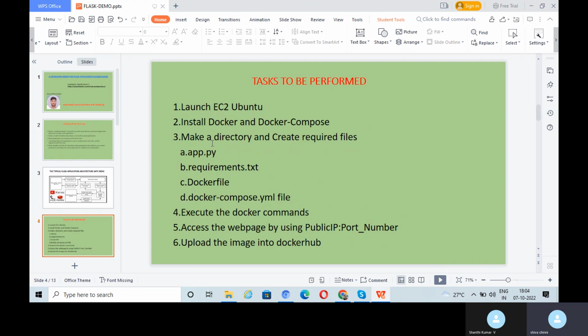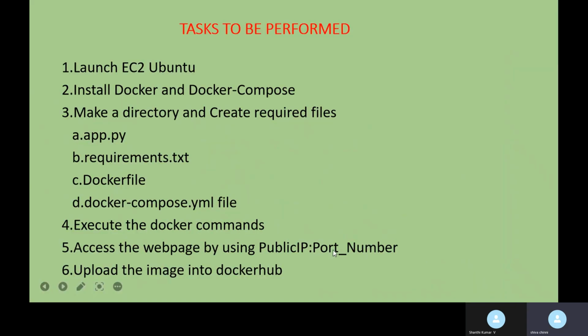Next I need to make one directory, and in that directory I am creating the required files to set up the application. Next I need to execute the Docker commands to create the Redis container, then I can access the web page by using the public IP and port number.